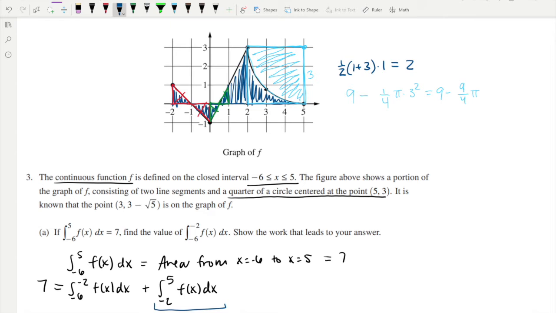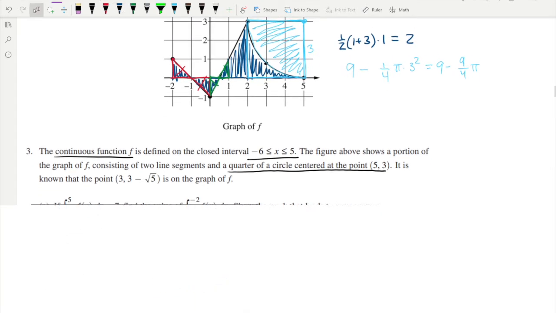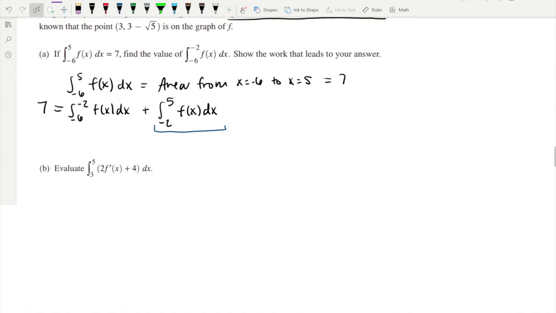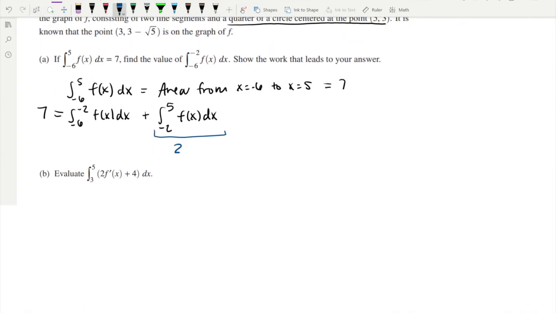So our total area then from -2 to 5 is 2 plus 9 minus 9/4 pi. And so rewriting this equation, we have that the integral we want of f of x dx is equal to 7 minus that whole thing, right?